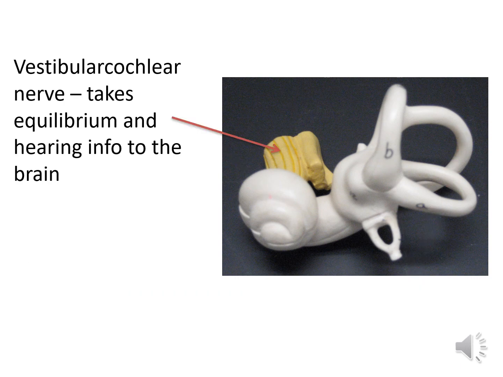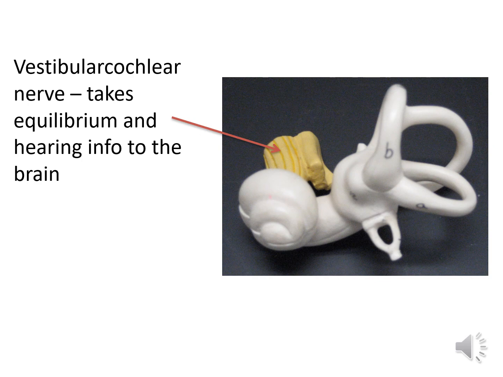The last structure on figure 14.7 is the vestibulocochlear nerve, which takes equilibrium and hearing information to the brain. If you can read through the Latin of the name, you might get some hints of it. Really, in lecture we talked about the 3 semicircular canals coming together in the vestibule. It's just where the 3 semicircular canals come together and about where that stapes is attached.